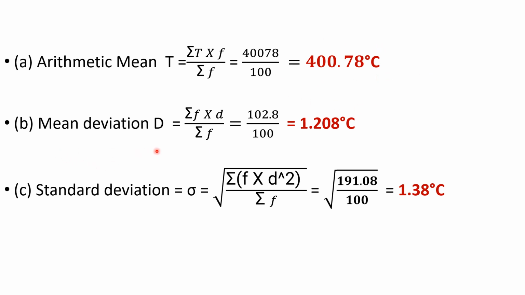Mean deviation: the formula is the sum of F into D divided by the sum of F, so 102.8 divided by 100 gives 1.208 degrees Celsius. Third, standard deviation sigma is the square root of the sum of fd square divided by the sum of f, the square root of 191.08 divided by 100, which is 1.38 degrees Celsius.